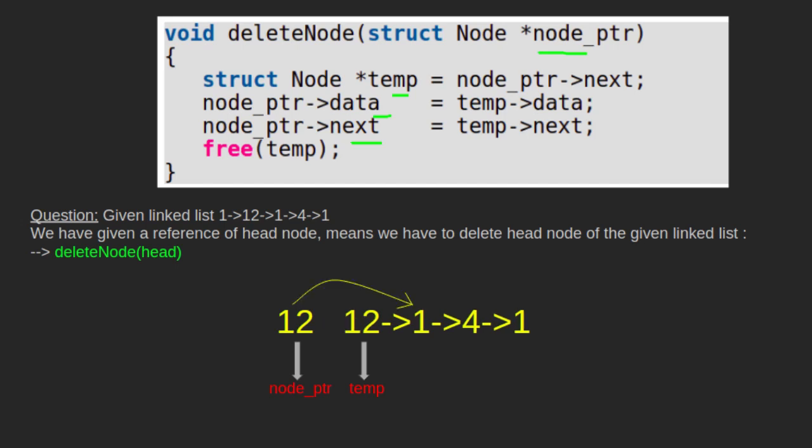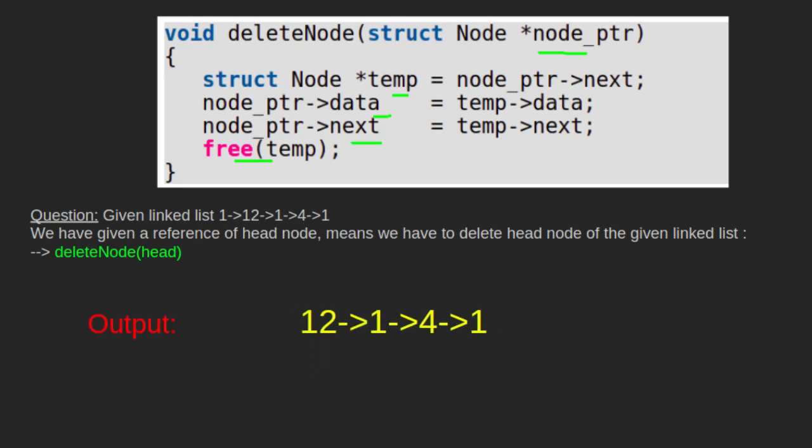So next of node_ptr now points to node 1. Finally, we delete node temp using free. So we get the final linked list as 12, 1, 4, 1.